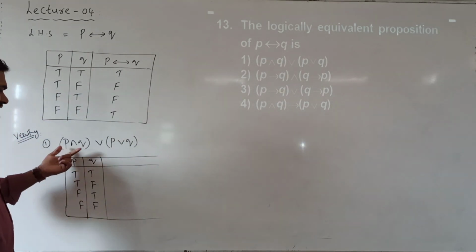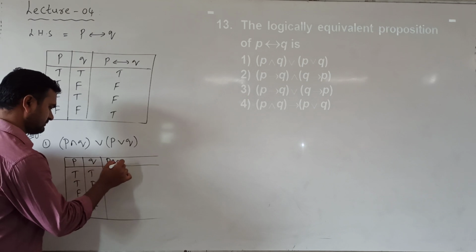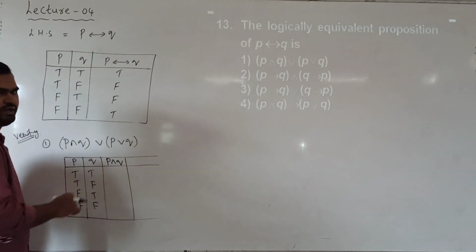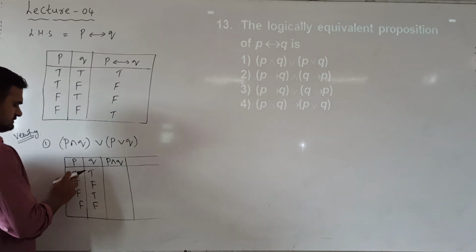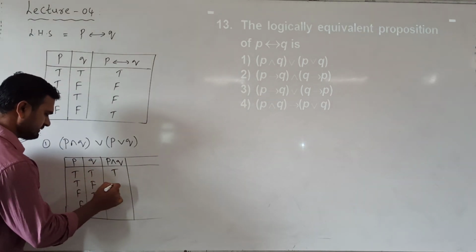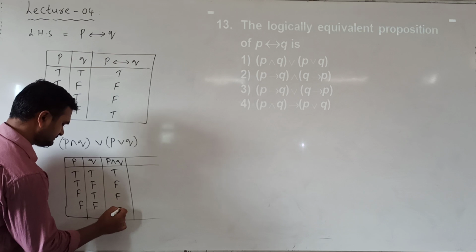First we find P and Q. We know AND is true when both are true, so it is true there, and in the remaining cases it is false.